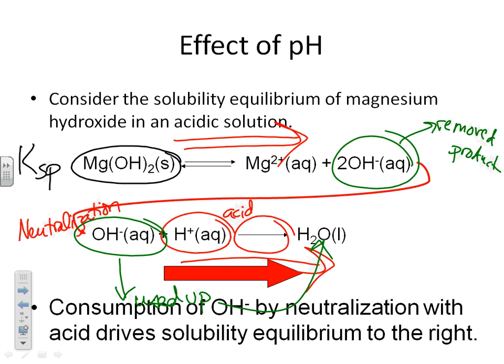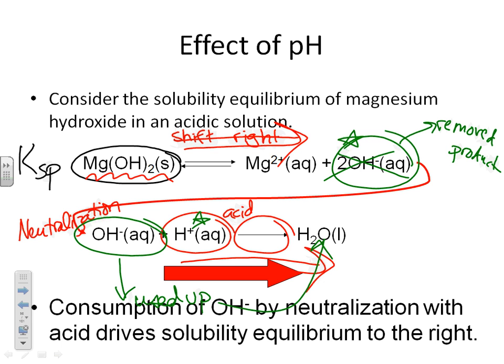By taking that hydroxide right here, and saying, I'm going to use it up by doing another reaction that I know it's going to be involved in. By adding this acid, I'm going to effectively remove it from the first reaction, which will cause a shift to the right. And then what will that do to the solubility of the magnesium hydroxide?